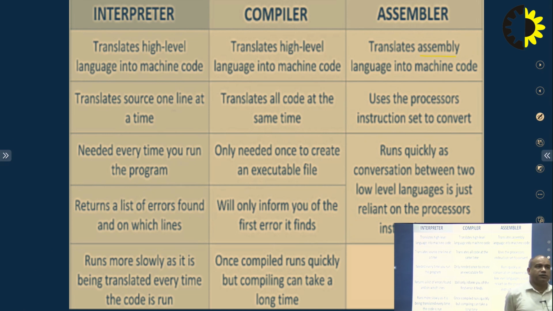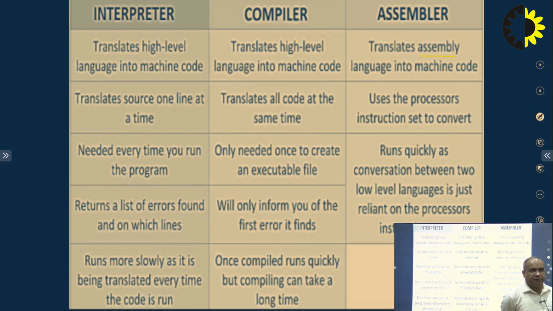If I talk about the interpreter, it translates source code one line at a time, while the compiler translates all the code at the same time. The assembler uses the processor instruction set to convert.